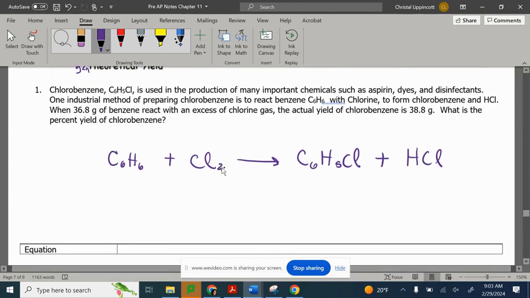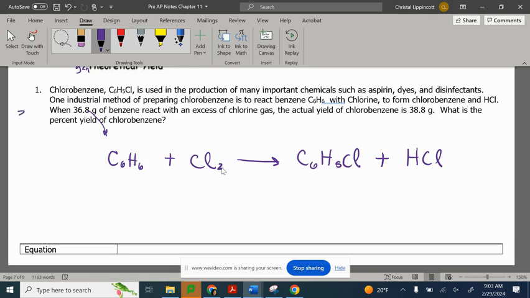All right. They're telling us that we have 36.8 grams of benzene. So that is this amount right here. Okay. I'm going to take that and I'm going to divide it by the molar mass of benzene. So I need 12 times 6 is 72. 72 plus 6 is 78.